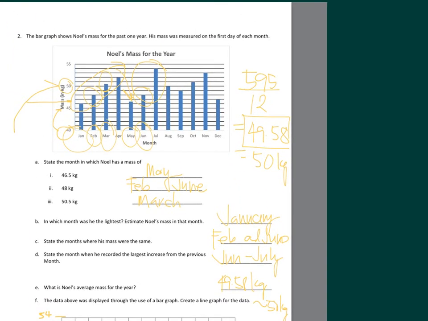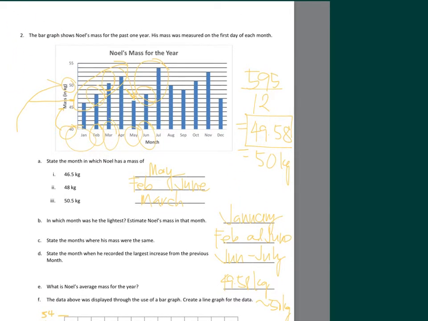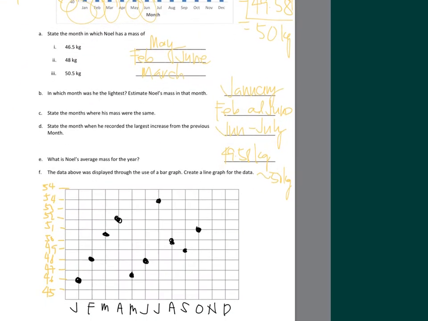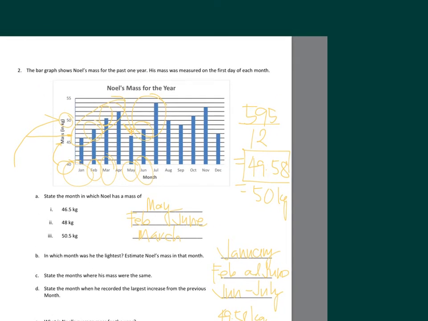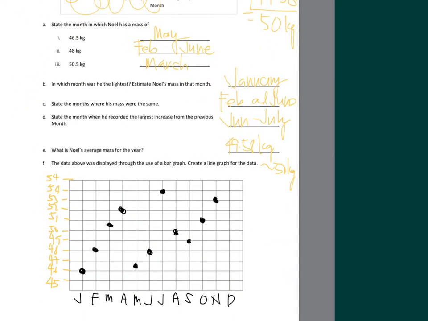For November, we have 53, somewhere here. And finally for December, we have 47. So we mark December, 47 is somewhere here.